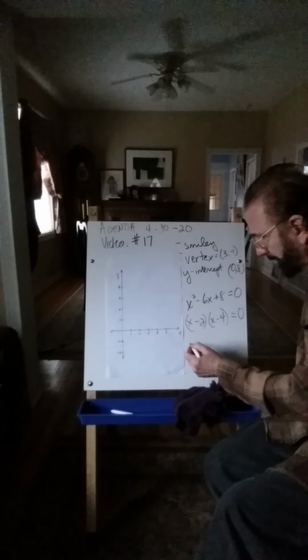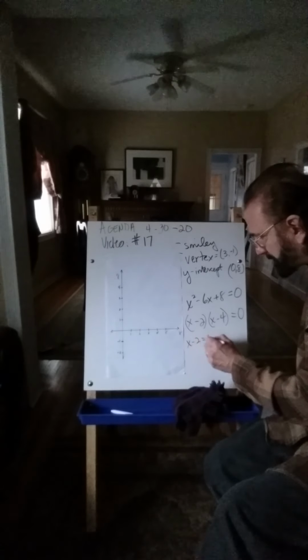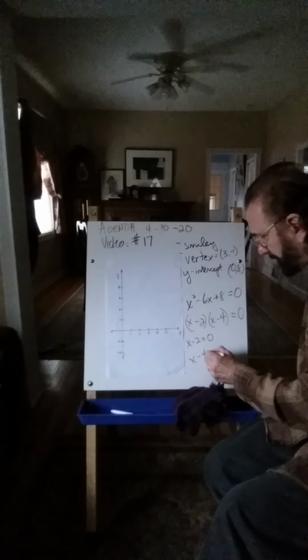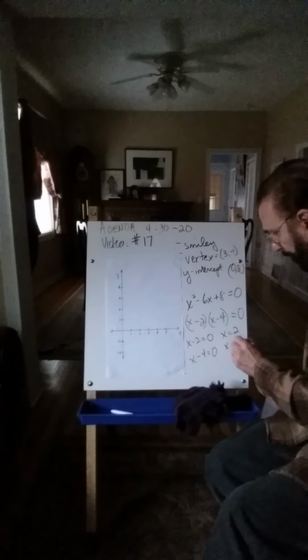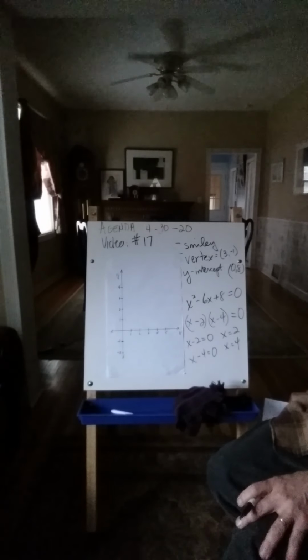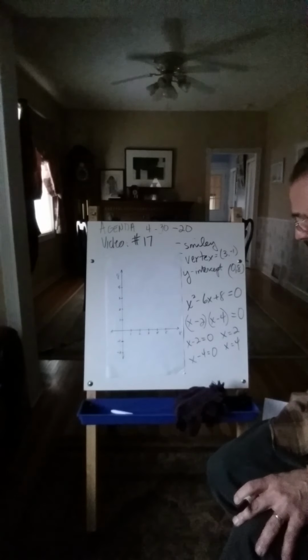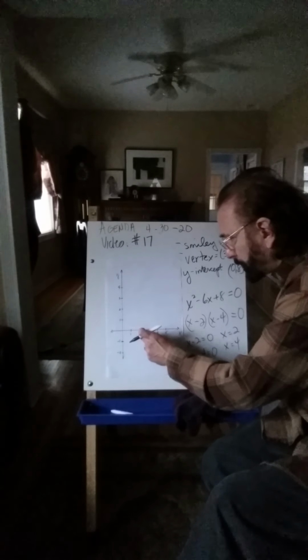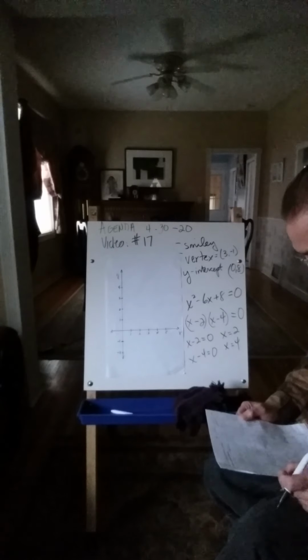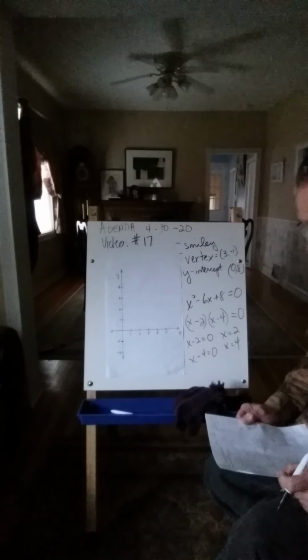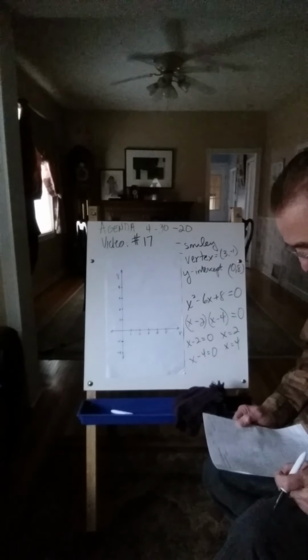So it's factored correctly: x minus 2 equals 0, x minus 4 equals 0, x is 2, x is 4. So at 2 and 4, it looks like I'm going to have x-intercepts.